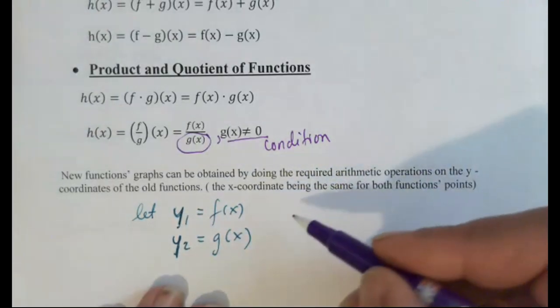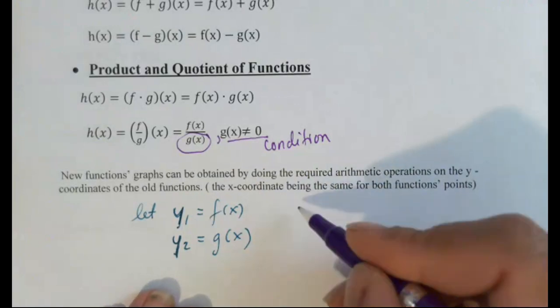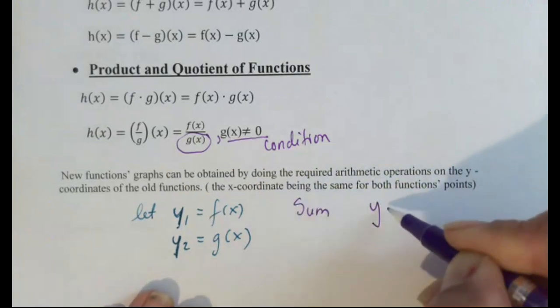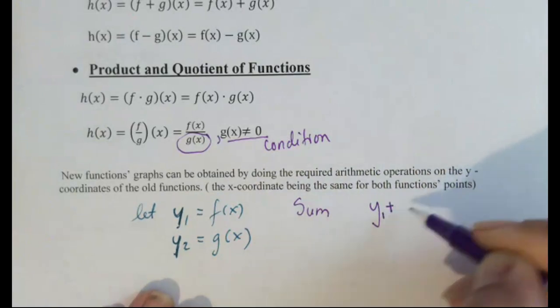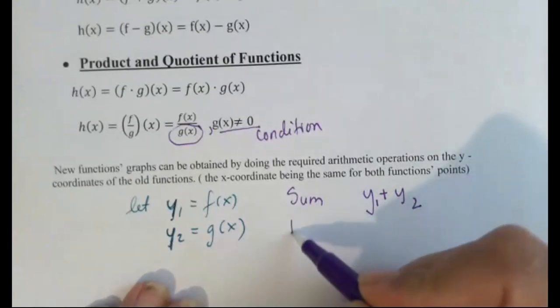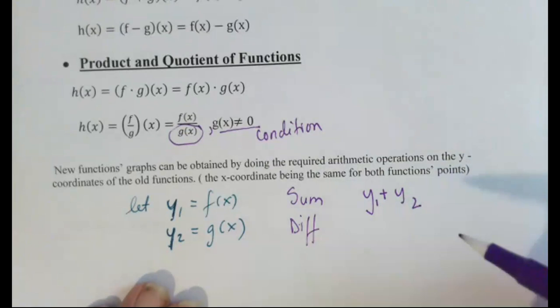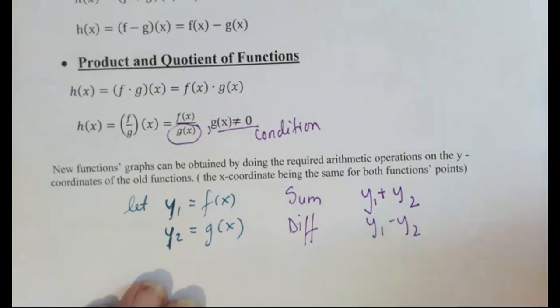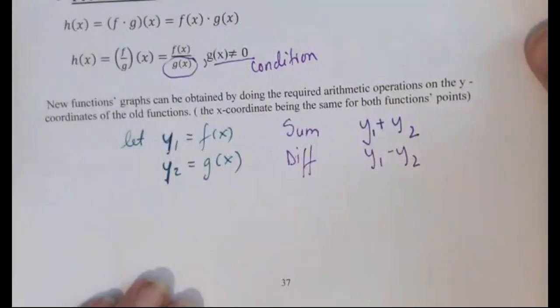It doesn't really matter. Then if I do the sum of two functions, all I have to do on the graph is add y1 with y2 for the corresponding x. If I do the difference or subtraction of functions, you would do y1 minus y2, or the other way around, depending on the question.